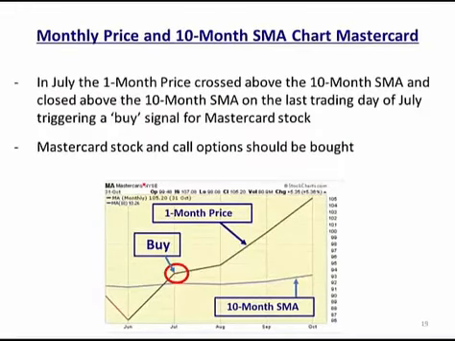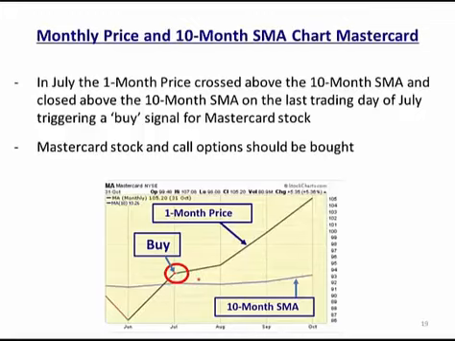So we can see in July, the 1-month price crossed above the 10-month simple moving average, and on the last trading day of the month, it was above that 10-month average. So at that point, MasterCard was on a buy signal, and you can purchase the stock or purchase call options on MasterCard once it's on a buy signal.